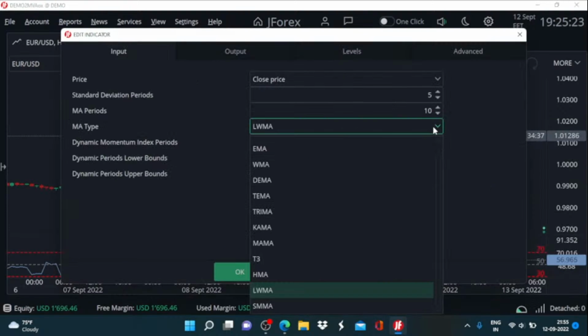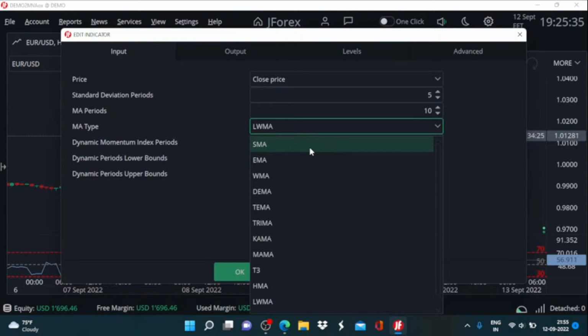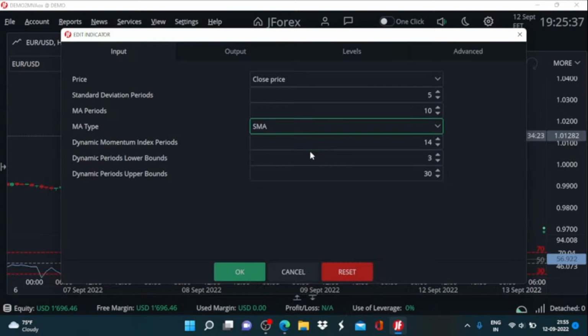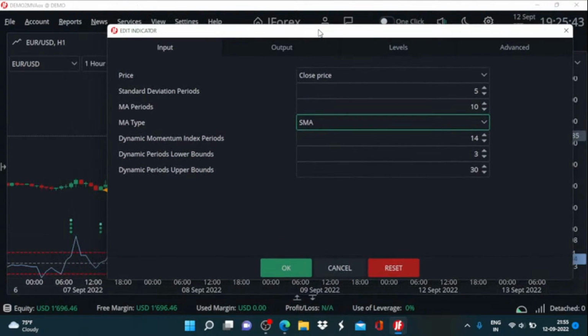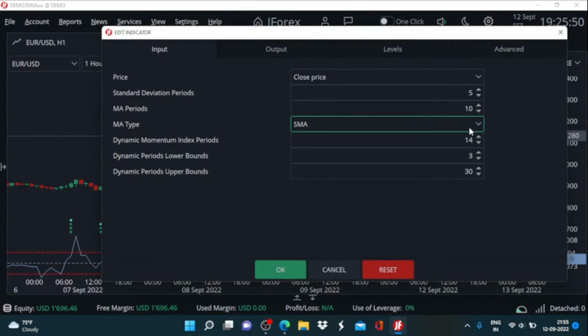Here we have all the options of various moving averages which we can utilize to look for the optimum combination of the moving average type, and depending on that we will have various different ways in which this output value will appear on the chart, and you have to see what kind of moving average gives you the best idea of the changing dynamics in the market, and accordingly you can opt for this moving average.